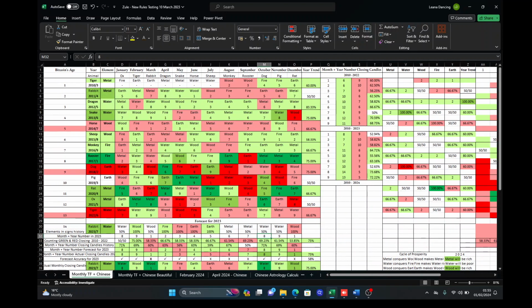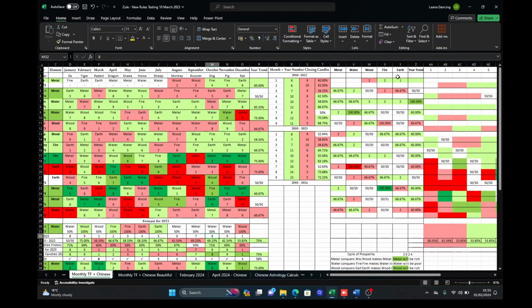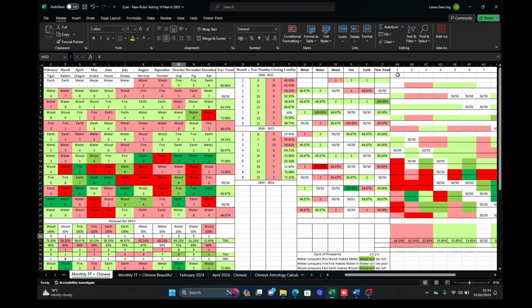Just to show you that the spreadsheet comes in a table of two parts. The first part is the Chinese astrology, the second part is the numerology, and here is a combination of both.